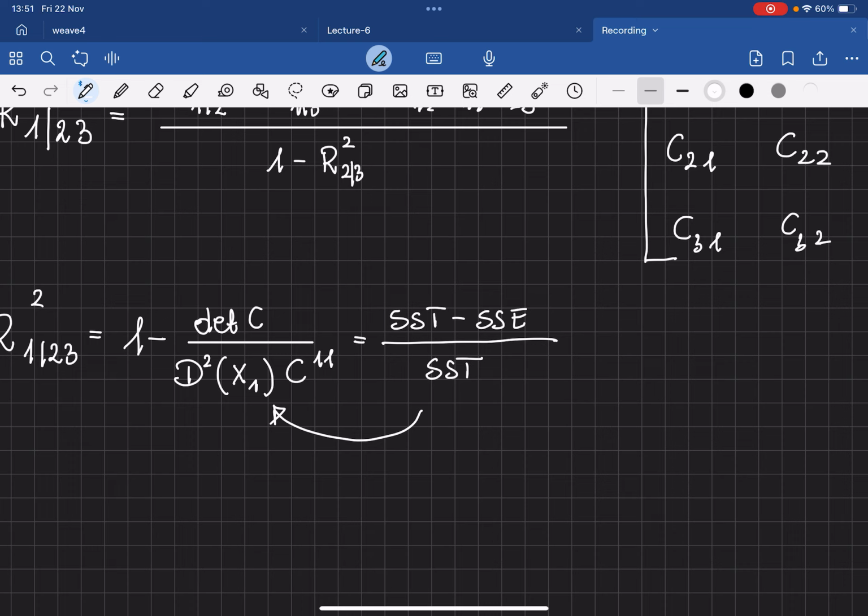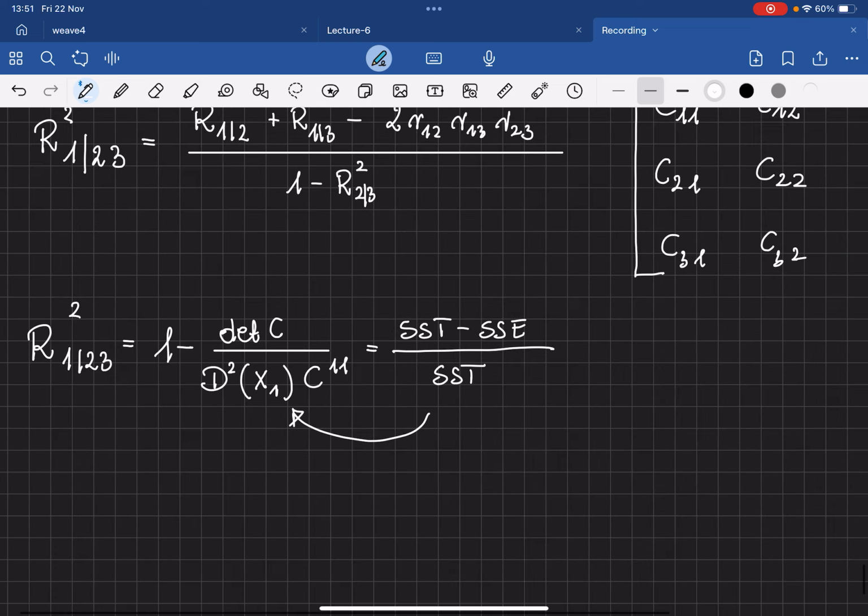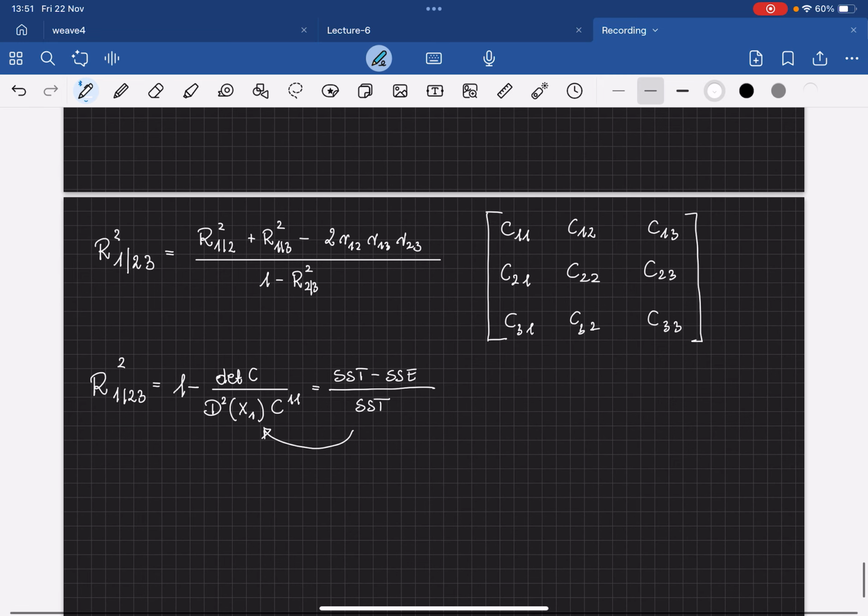So this is the same formula but expressed with data coming from the total covariance matrix. This formula is general, so not only for number of variables equal to 3, but in general. Whenever we have the first variable being the dependent variable, then this formula holds.